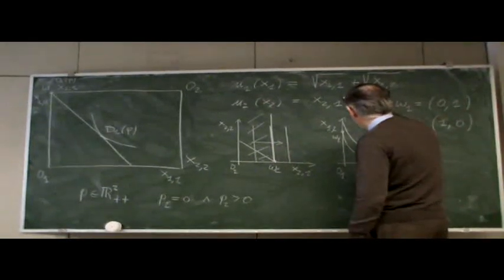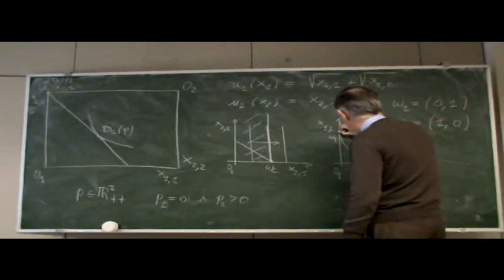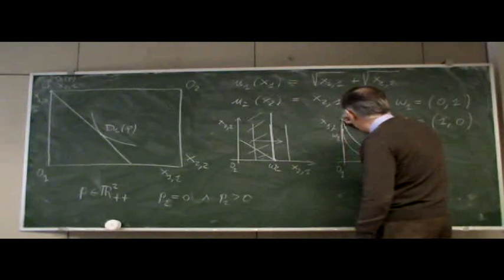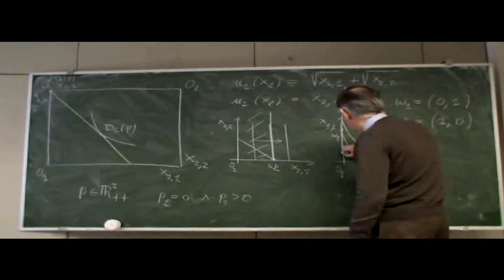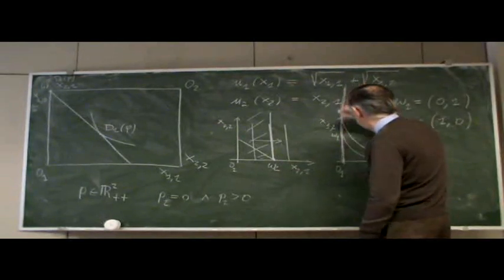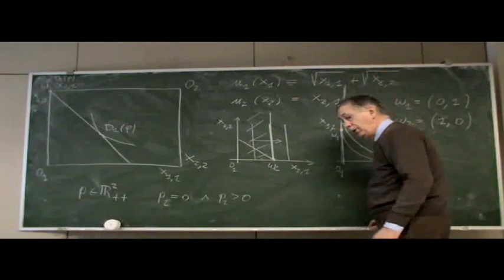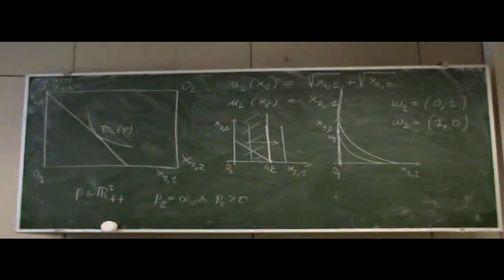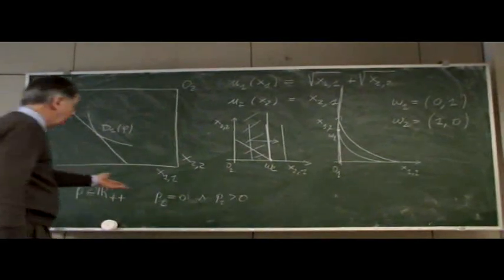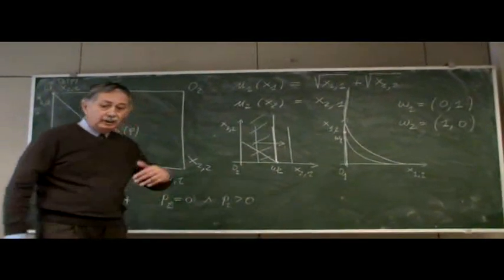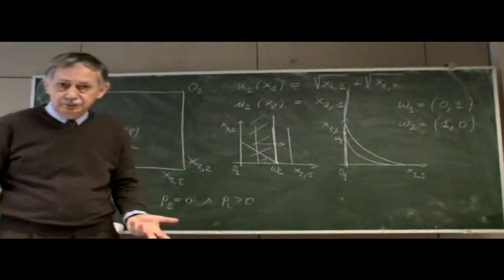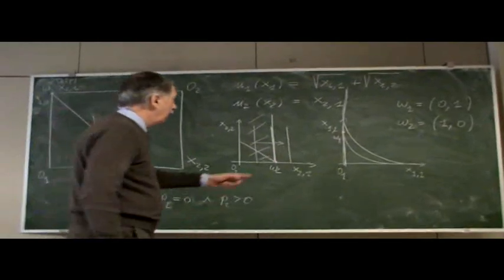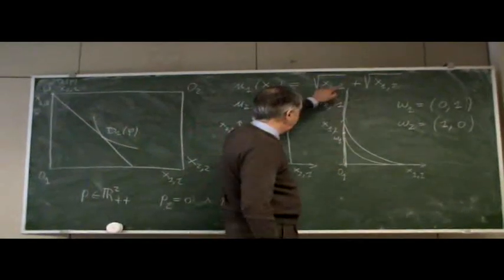The budget constraint of our subject, if the price of good 2 is equal to 0, coincides with this half line. Why? For the same reason: good 2 is gratuitous, it's free. You can obtain any quantity of good 2 without any expenditure. So my budget constraint is this half line.